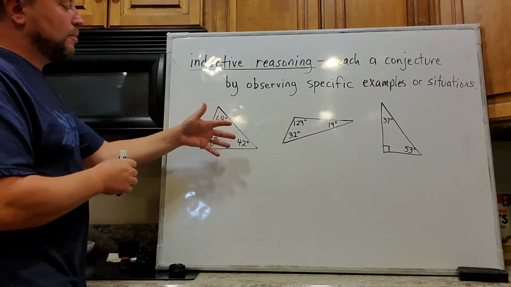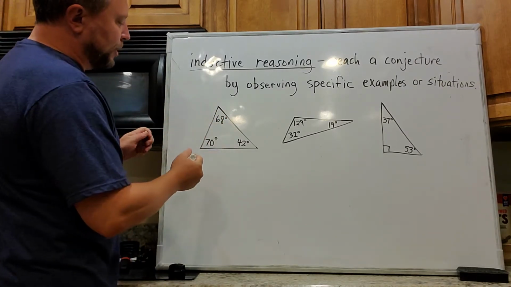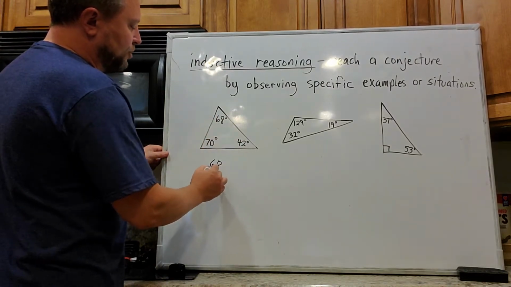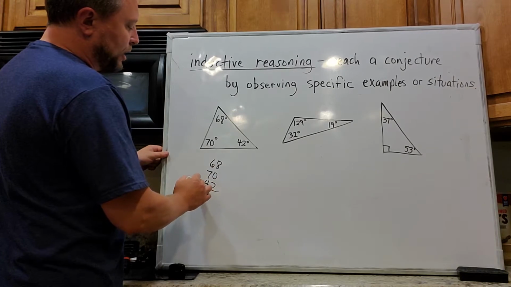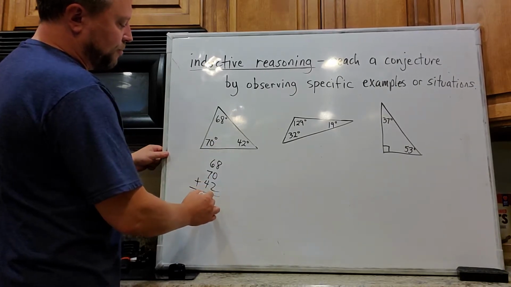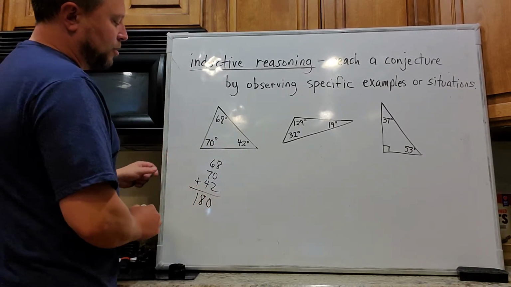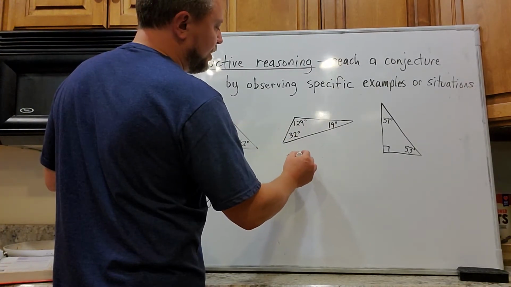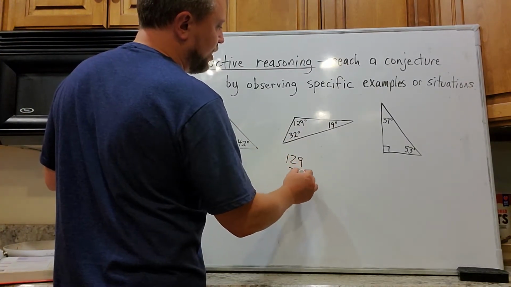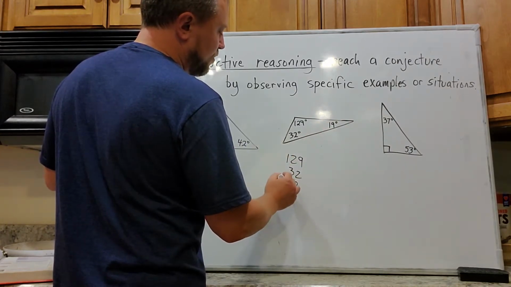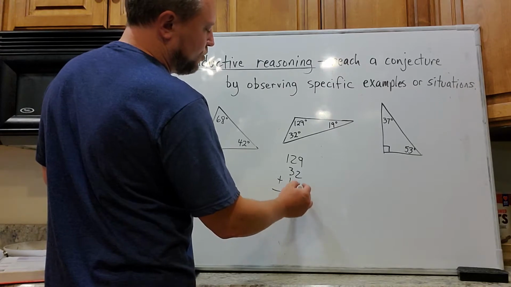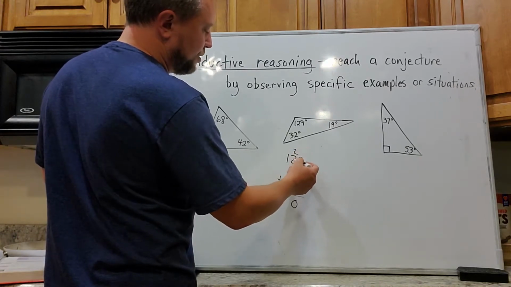But when I do look at my specific measurements up here, 68 and 70 and 42, I notice that if I add these up, I get 180 degrees. Let's see if I get the same thing here. 9 and 9 is 18, plus 2 is 20, carry the 2, 5, 6, 7, 8.